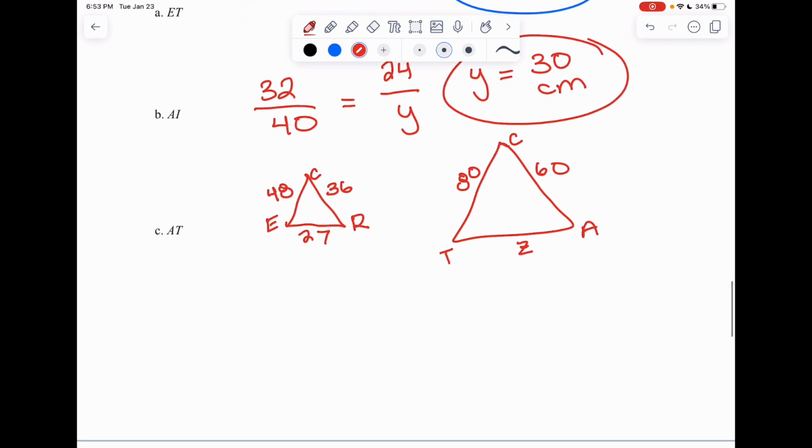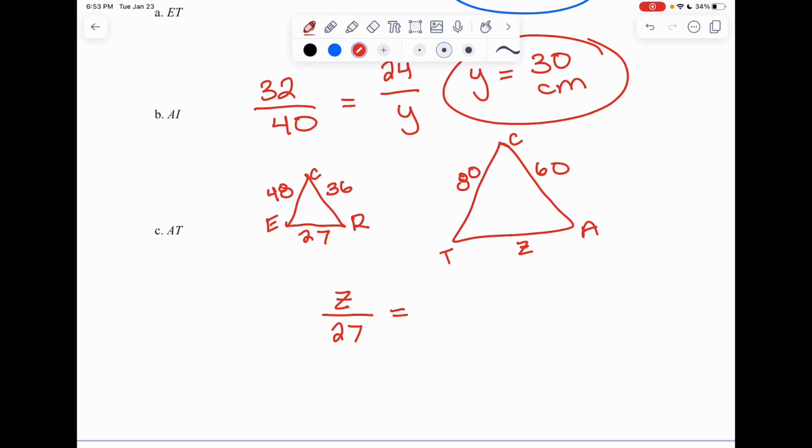So now that I have my two similar triangles and their side lengths filled in, I am ready to set up my proportion. z corresponds to the 27 on the other triangle. And remember, to set up a proportion, you need one ratio that's fully completed.